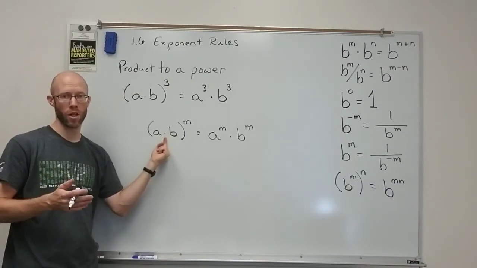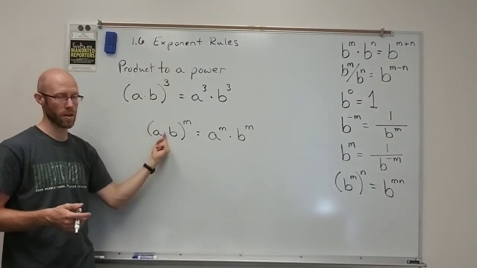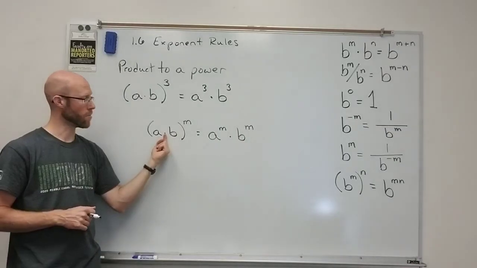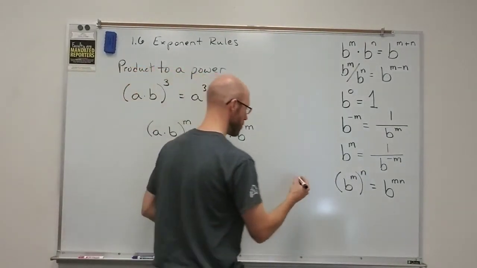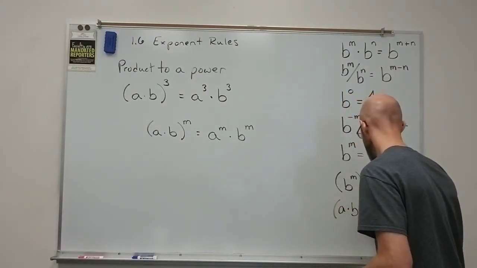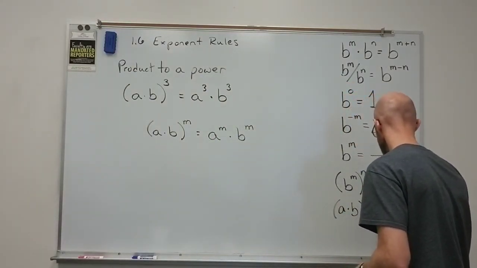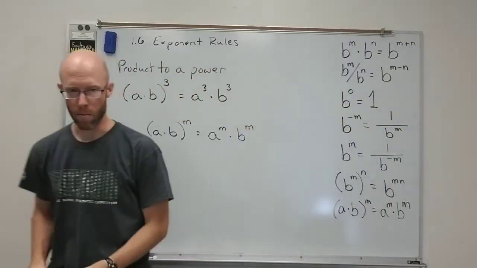Distributive property, you have a plus or a minus. With the exponent rule, you have a multiplication, and in the next one we'll have a division. So the product to a power is going to be a times b raised to the m is a to the m times b to the m.